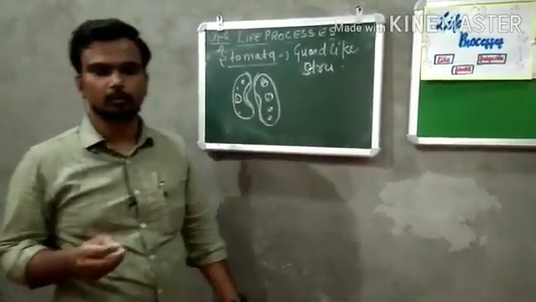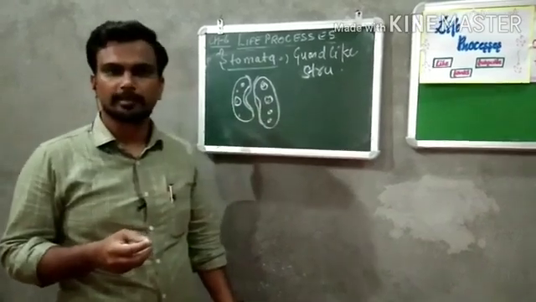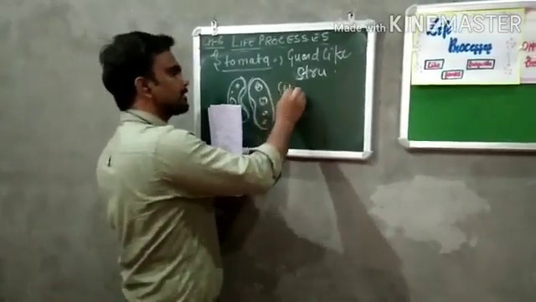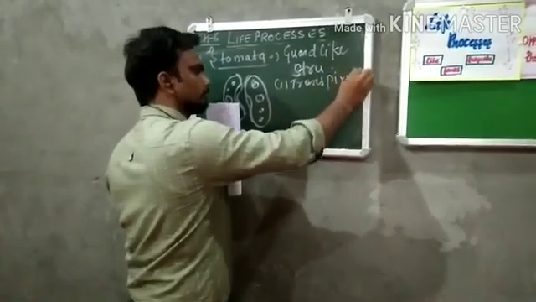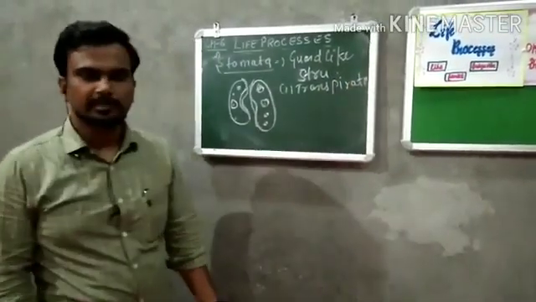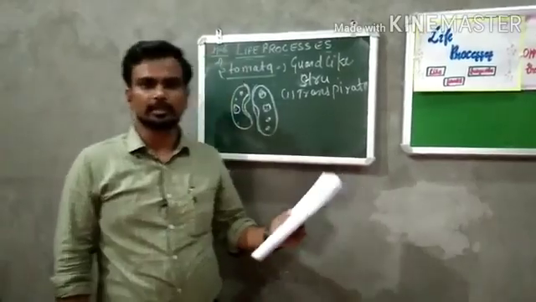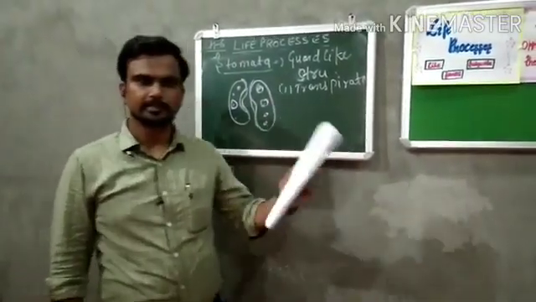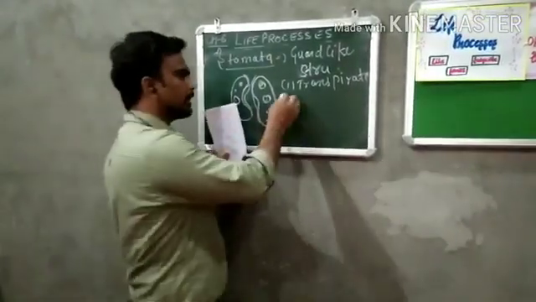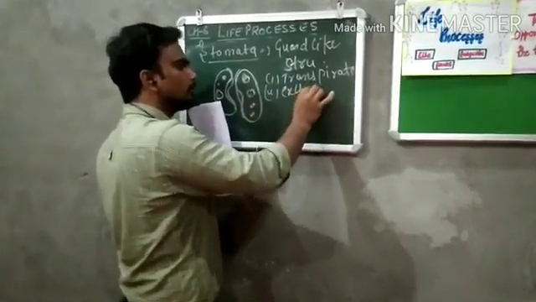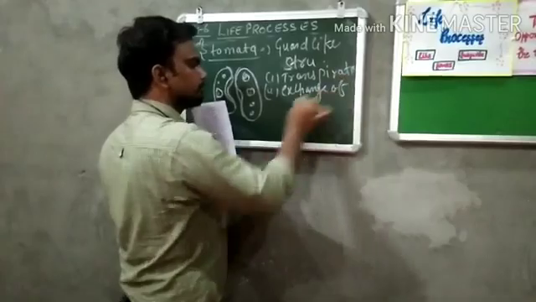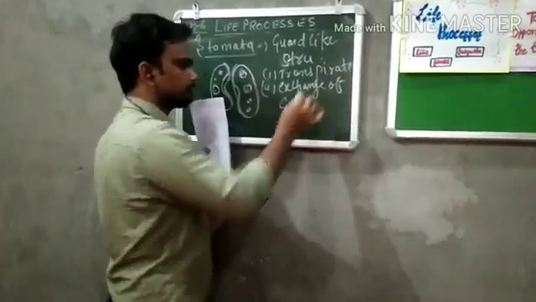The two basic functions performed by stomata are, one, transpiration. Transpiration means the loss of excess water from the plants. Another function performed by stomata is exchange of gases.